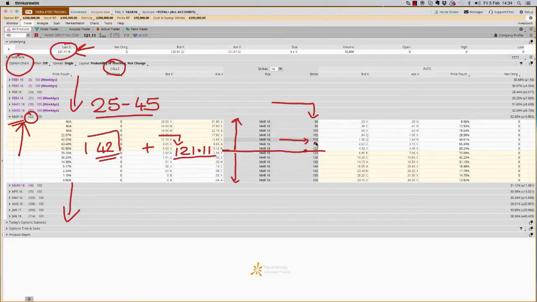The difference between $110 and the current value is $11.11. So we would own the stock at $110 and be $11.11 profitable from where we own the stock to where the current stock price is, assuming the stock price didn't change in the next 42 days. So all these options are in the money.